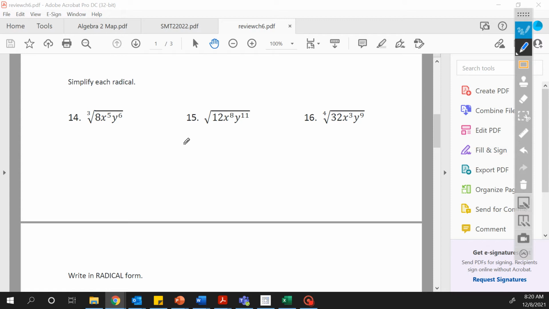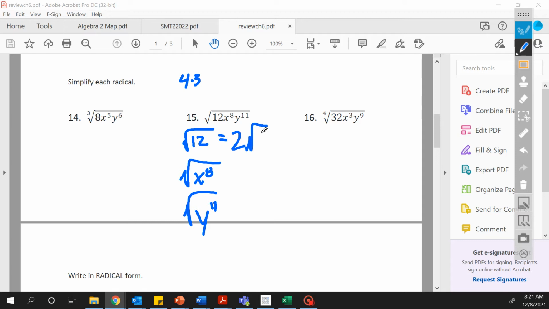Number 15, we would simplify the square root of 12, simplify x to the 8th, and simplify y to the 11th. This is 4 times 3, 12, and 4 is made up of factors 2 and 2. So this 4 we could take a square root of, but we still have the 3 underneath.